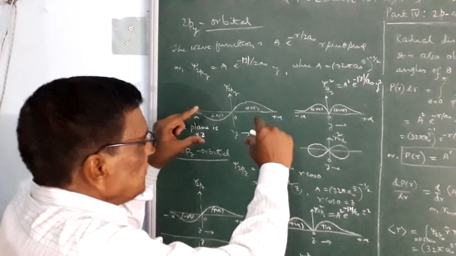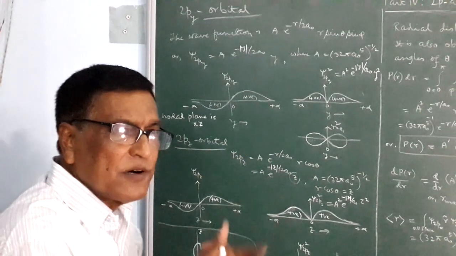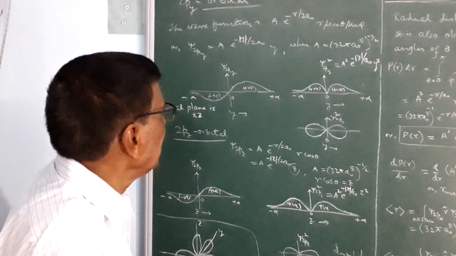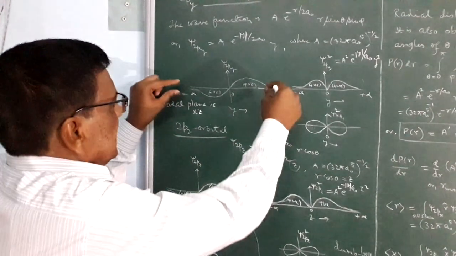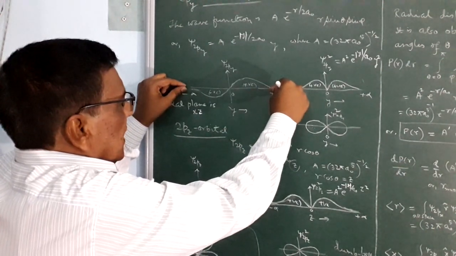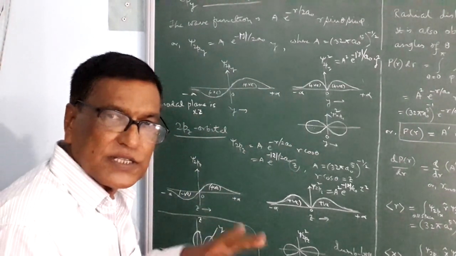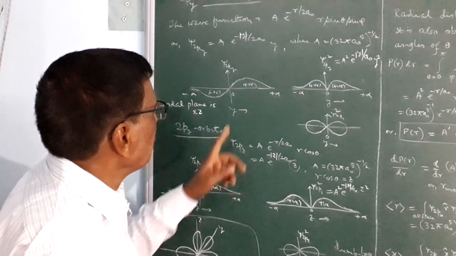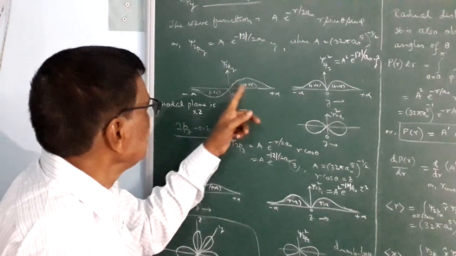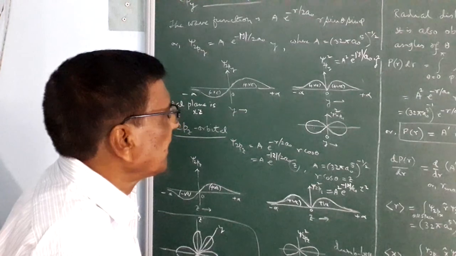If we want to get the concrete shape of the 2py orbital, then this is to be rotated about the y-axis by 360 degrees. Then we shall get two lobes. One lobe, the right lobe, is positive, the left lobe is negative, and it will be like a dumbbell shape.